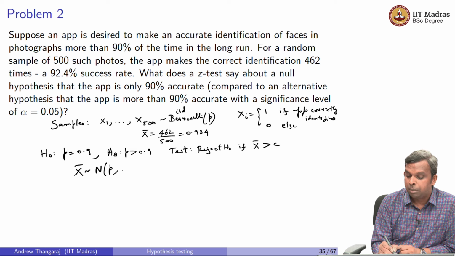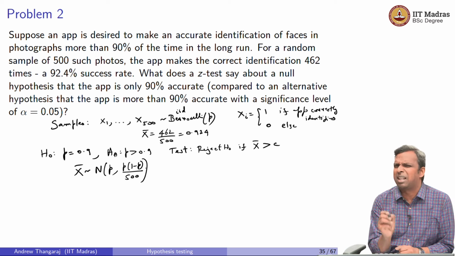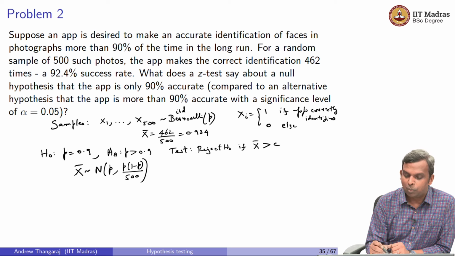Okay, and what will be the variance? Variance is going to be p times 1 minus p divided by 500, isn't it? Variance is just divided by n, right? So hopefully that's okay. So this is the sample mean. Each sample has mean p and variance p times 1 minus p, each Xi. You add up all of them, divide by 500.